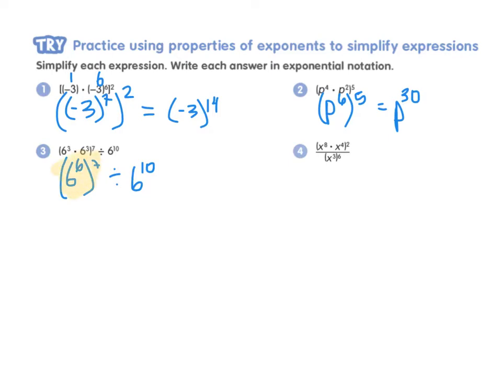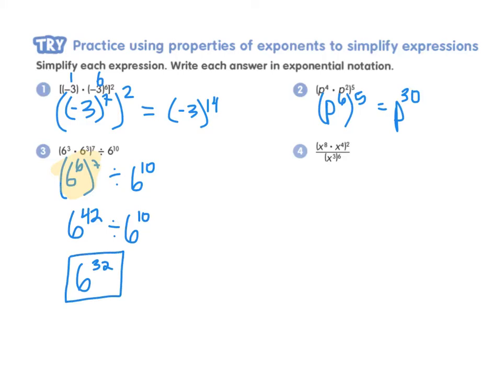If I have 6 6's, but then I have 7 of those groups, I really have 42 total 6's. So I have 6 to the power of 42 divided by 6 to the power of 10. Remember, the rule for division is that you can subtract the exponents. 42 minus 10 is 32. So my final answer is 6 to the power of 32.